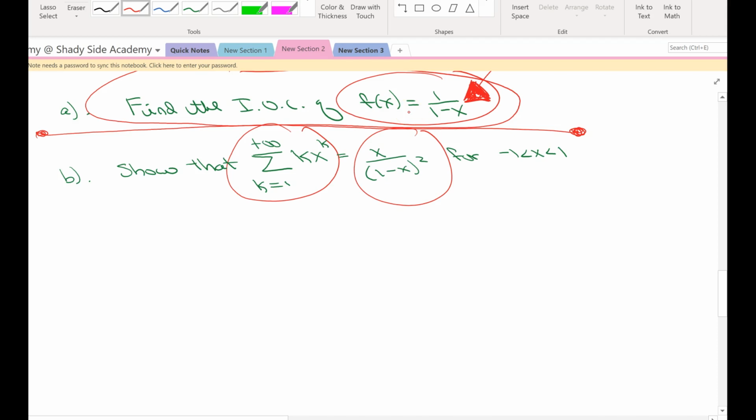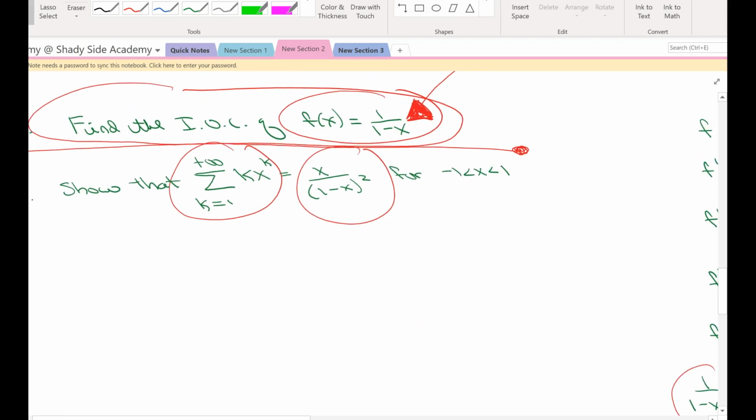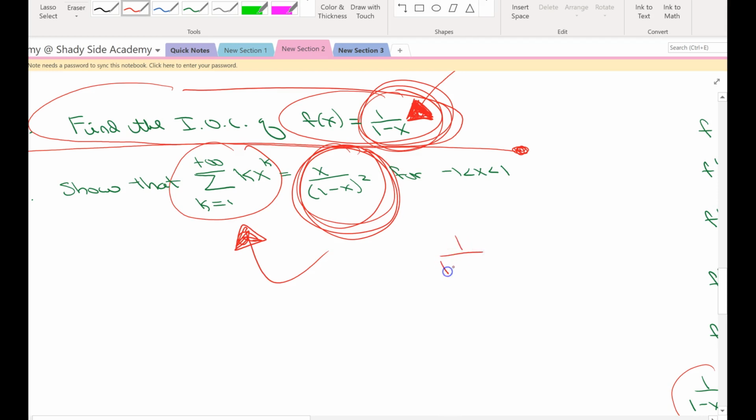Really what they're asking you to do is to use the Maclaurin you found for 1 over 1 minus x to generate a Maclaurin for x over 1 minus x squared. Okay. Once you do that, there will be a link here. Well, let's just break this down. So let's make sure we understand algebraically, how do we get from this to this?